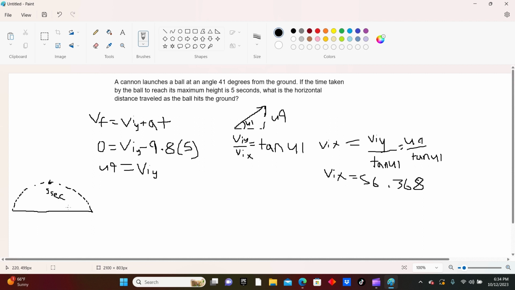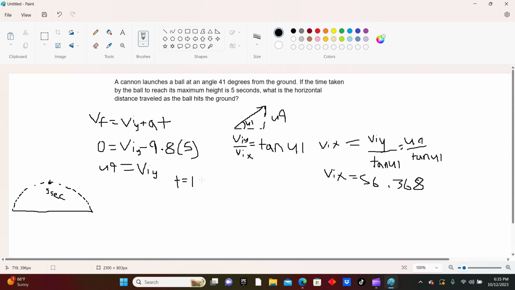So if you remember, one of the shortcuts I mentioned is that the time it takes to reach the max height is simply half of the total travel time if it reaches the ground at the same level as its final part of the trajectory. So it is reaching the ground again at the final part of the trajectory, so the total time taken of the whole path is 10 seconds. So our t total is just 10.